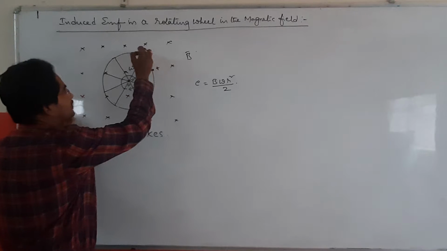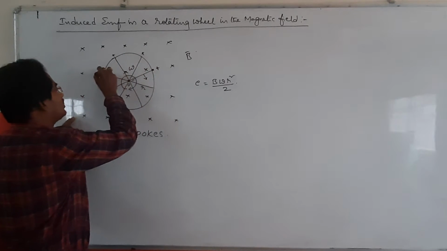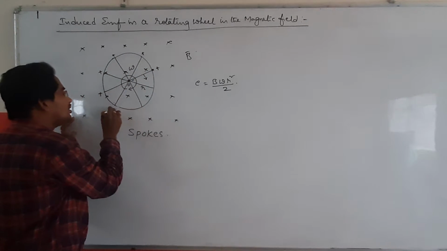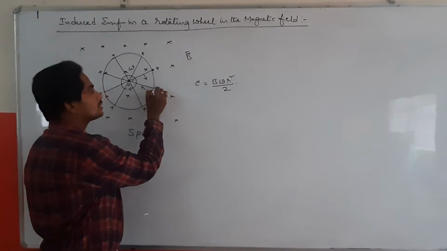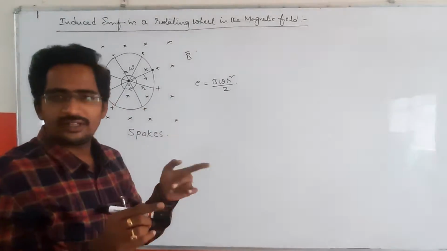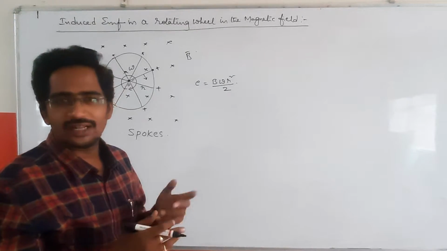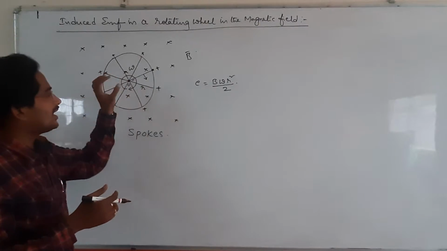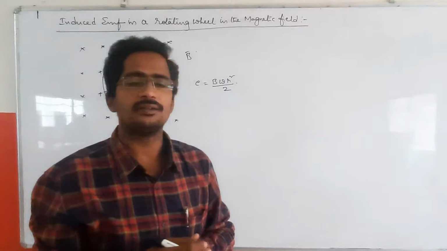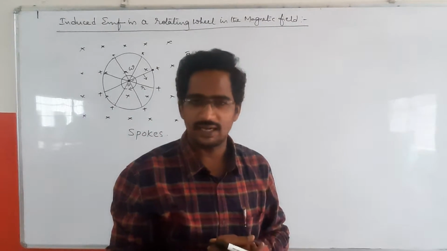Similarly for this one also. So the ends of the spokes in contact with the ring are at high potential, and the ends in contact with the center are at low potential.